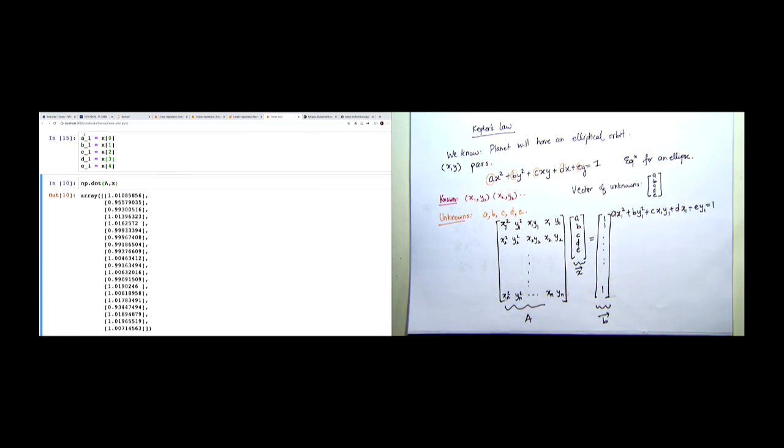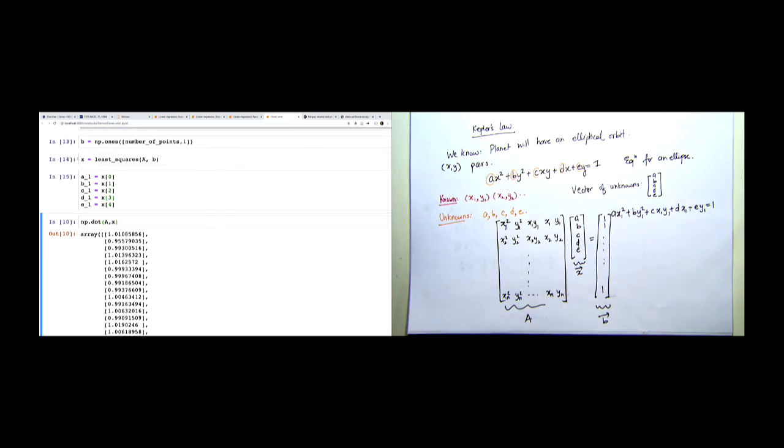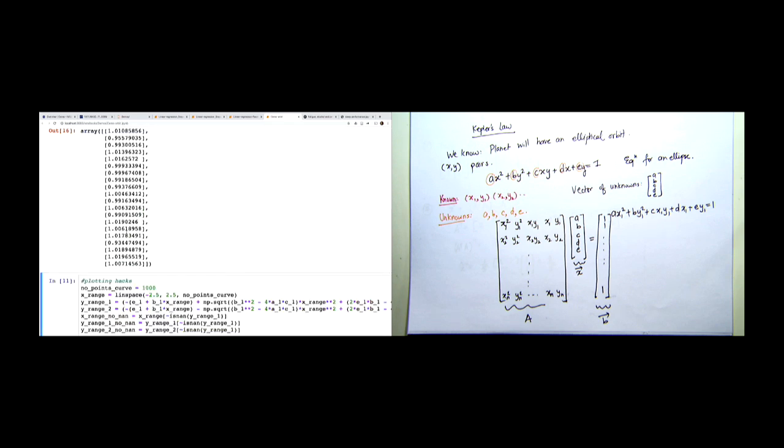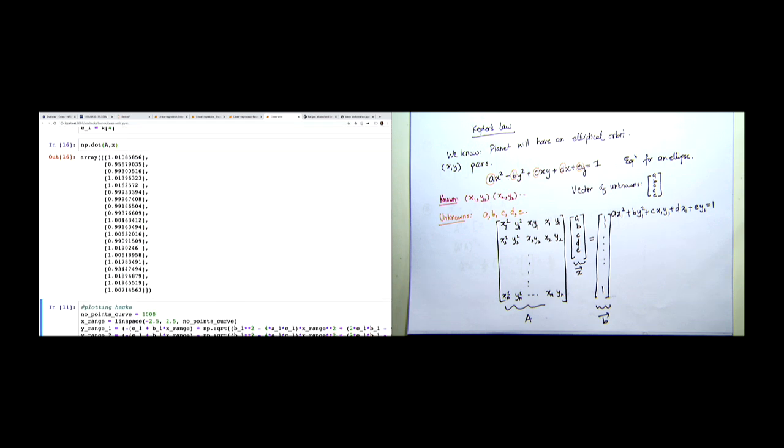So if I take this x that I got out of the least squares equation and multiply it by A, what do I get here? I'm hoping for a vector of ones. What do I actually get? I get an approximate vector of ones, right? So this is not going to give me the exact solution, but it's pretty good.